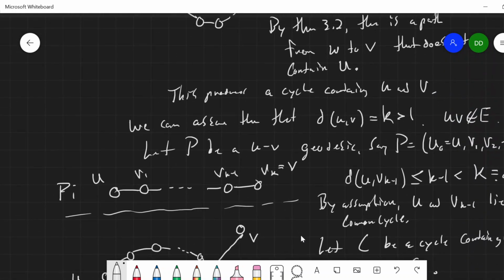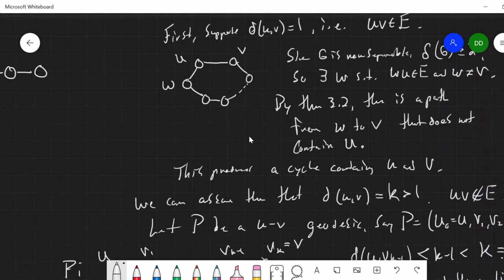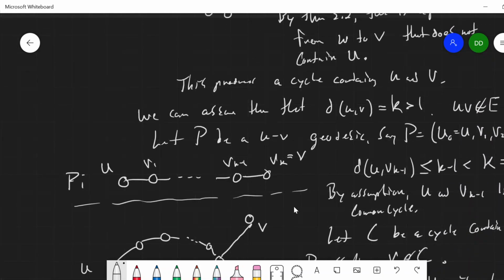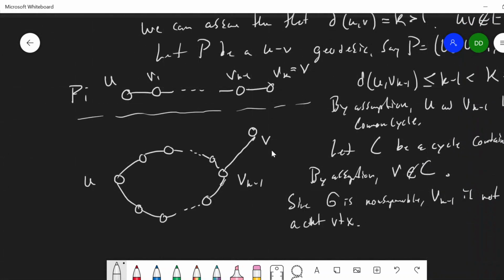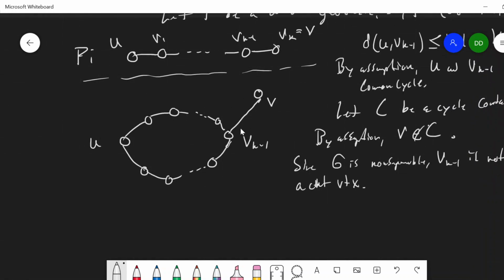I had two adjacent vertices, and I found this other vertex W, and I knew that there had to be a path between W and V that did not go through U. That is, there must be some other path from V to U besides the one through vk minus 1. So this is Theorem 3.2 again.